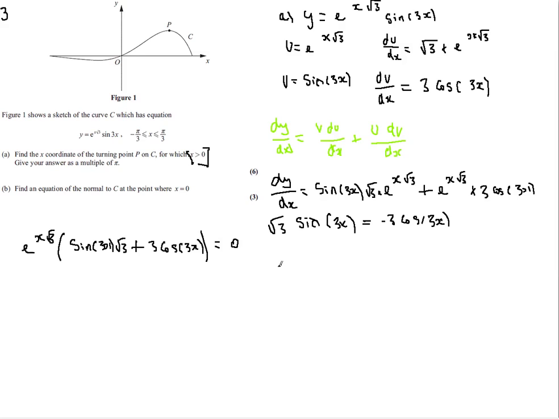We can rearrange that to get root 3 tan 3x equals minus 3, because if we divide through by cos 3x, we get sine over cos, which we know to be tan. If we divide by root 3, we get that tan 3x equals minus 3 over root 3. If you put that into your calculator, you get minus root 3.